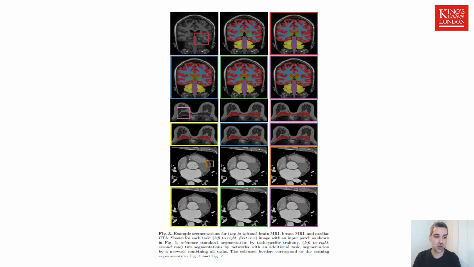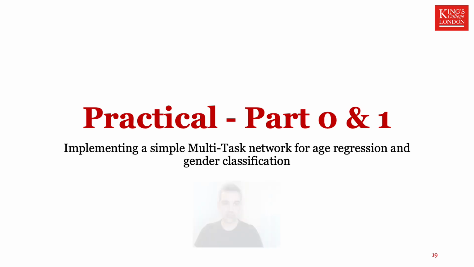For example, when you look at the CTA image of the heart at the very bottom, when you're training with all of the tasks at the same time, some of the coronaries at the very bottom show up in the right number compared to the ground truth, but they do not show up in the right number, for example, when using 2 tasks or often using only 1 task. So those small details can actually make a big difference when using this in real-world applications.